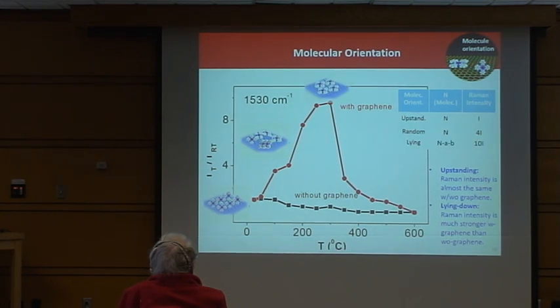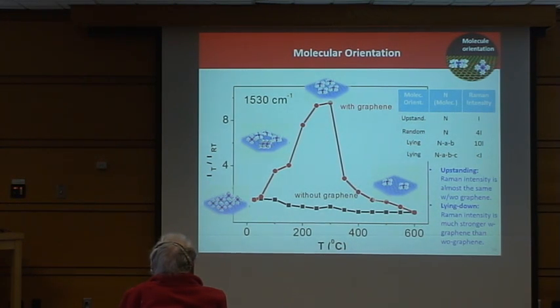If we keep doing that, all of the molecules will lie down and cover the whole surface of graphene. Then we lose some of the molecules, but actually the intensity gets stronger. If you keep doing that, the molecules decrease because of desorption, and the Raman intensity decreases again.